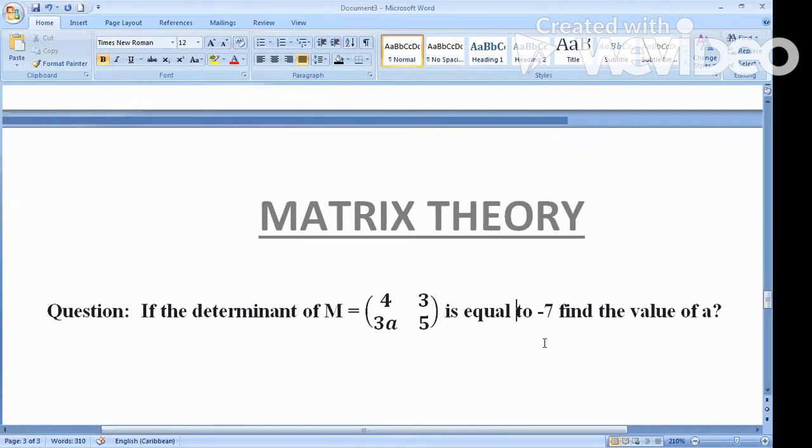Because the determinant is not equal to 0. They're telling us that the determinant of this is equal to -7. All right. So solution. Let's find.